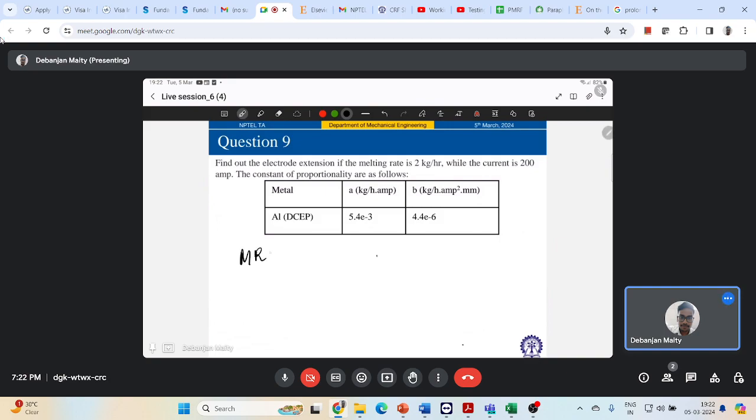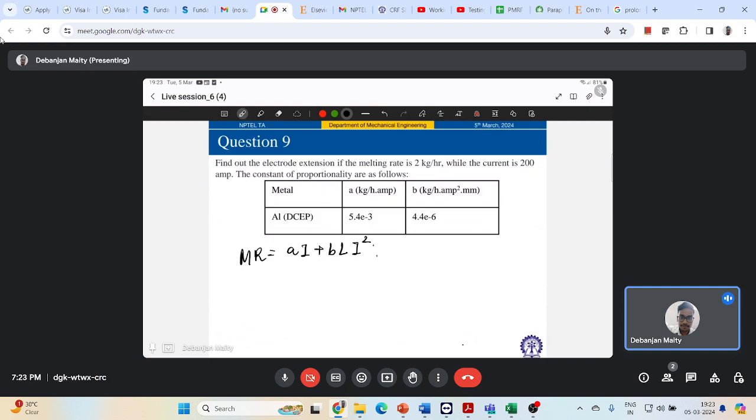My melting rate is equal to AI plus BLI square, where L is my electrode extension, I is my current, and A and B are the constants of proportionality. I have provided the metal as aluminium, using electrode positive polarity, for which A and B values are provided for this metal and polarity combination.